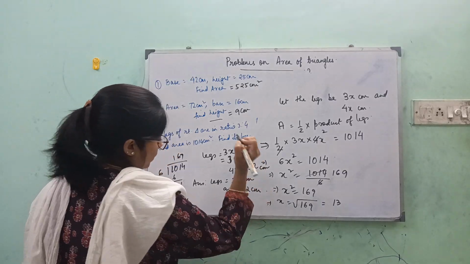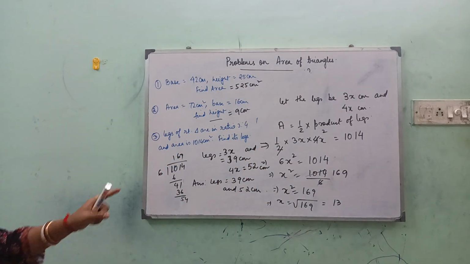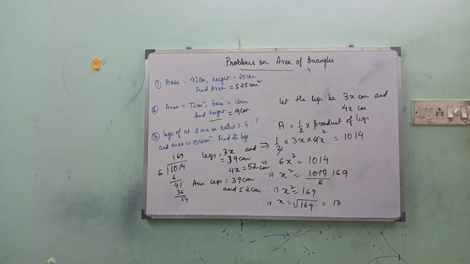So here we get the two answers, that is the values of the legs of the right angle triangle. They are 39 centimeter and 52 centimeter.